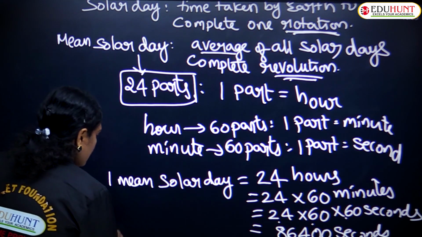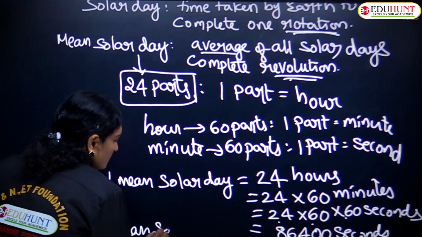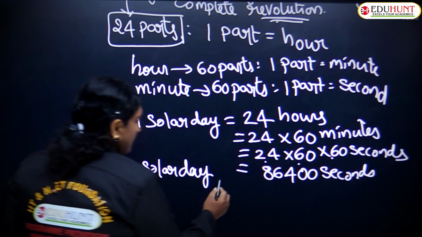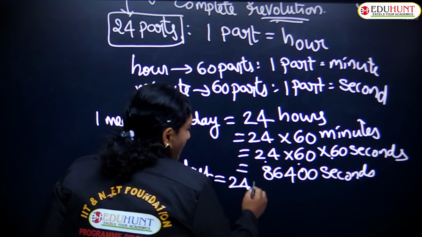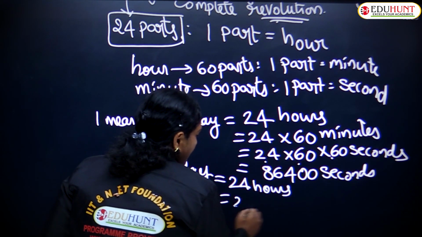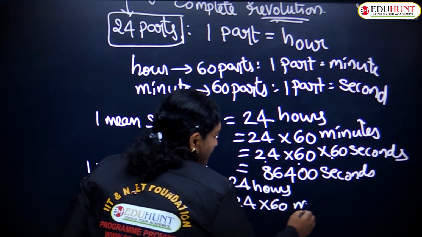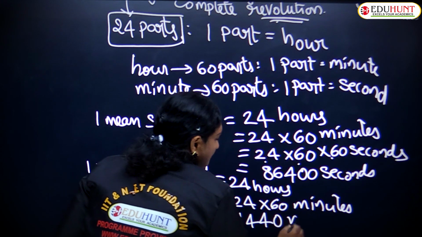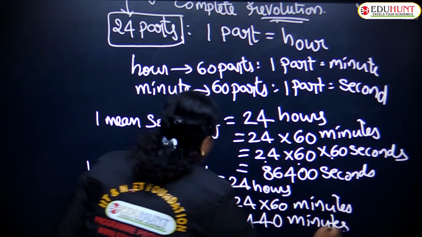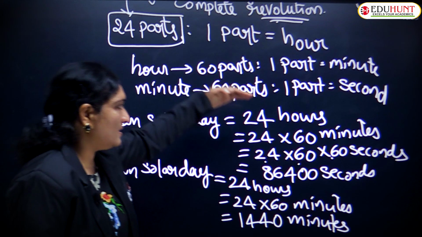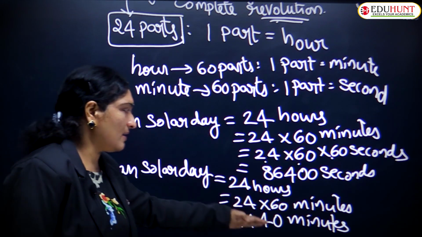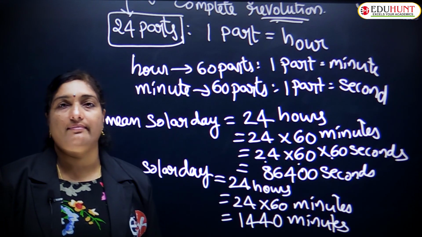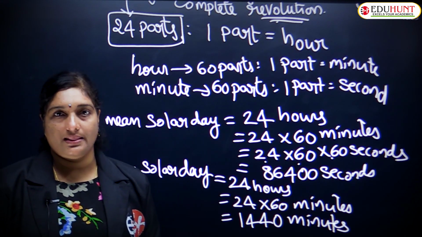In minutes, 24 hours can be written as 24 into 60, which is equal to 1440 minutes. So, one mean solar day has 24 hours, 1440 minutes, and 86,400 seconds. You need to remember all these things.